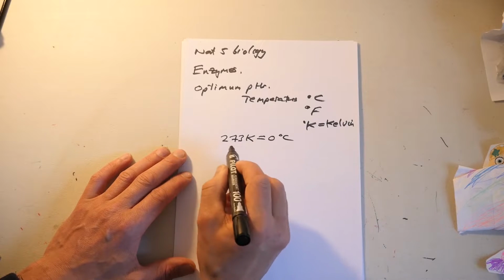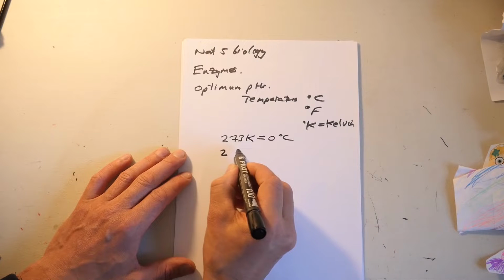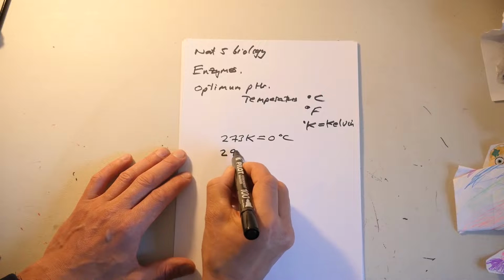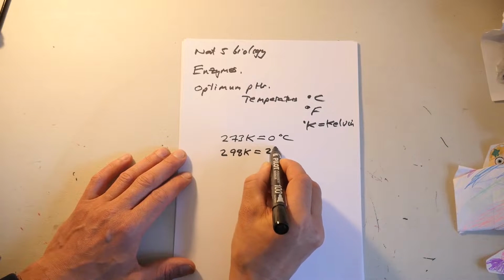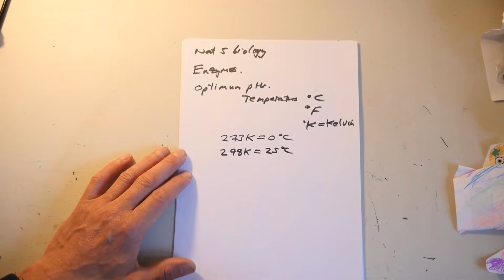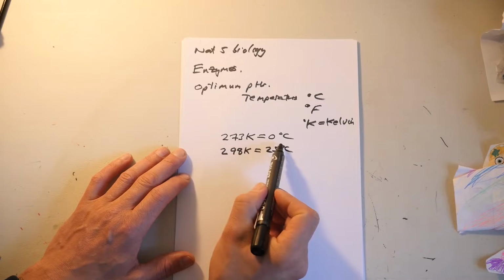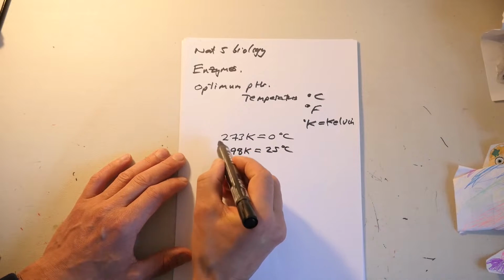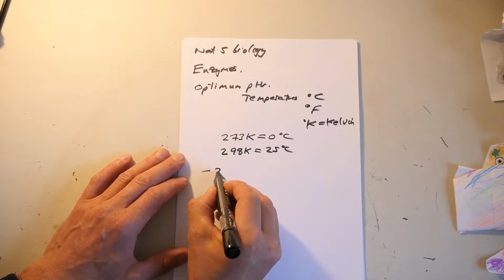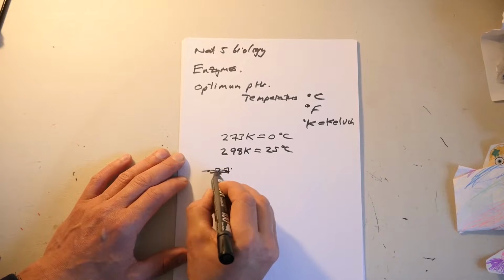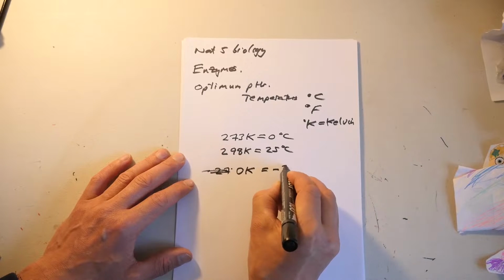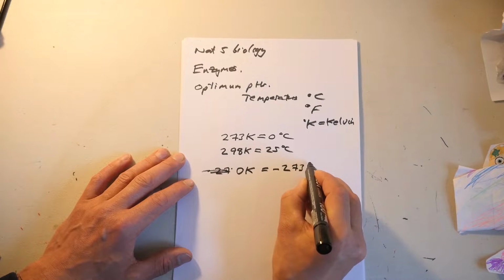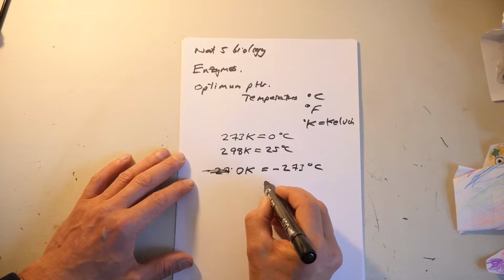So at 25 degrees, 298 Kelvin equals 25 degrees centigrade, okay? The reason it's 273 is because 0 degrees Kelvin equals minus 273 degrees centigrade, which is absolute zero.